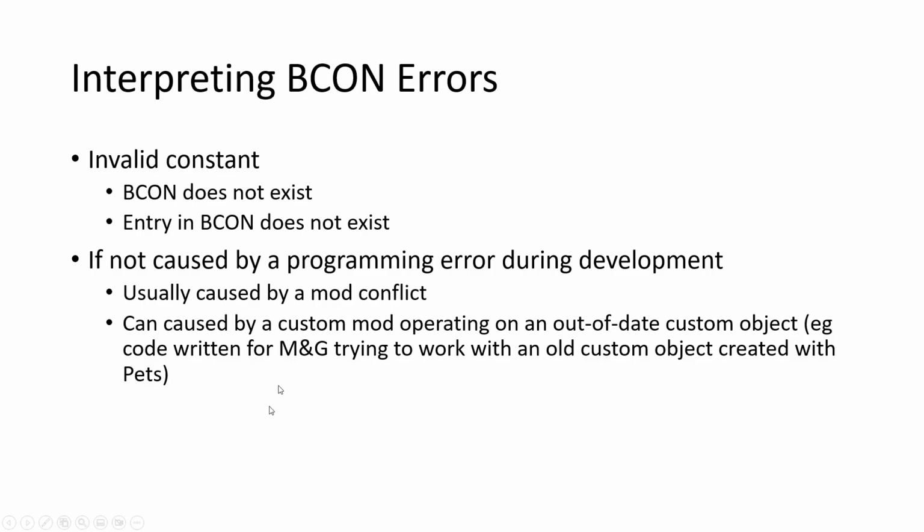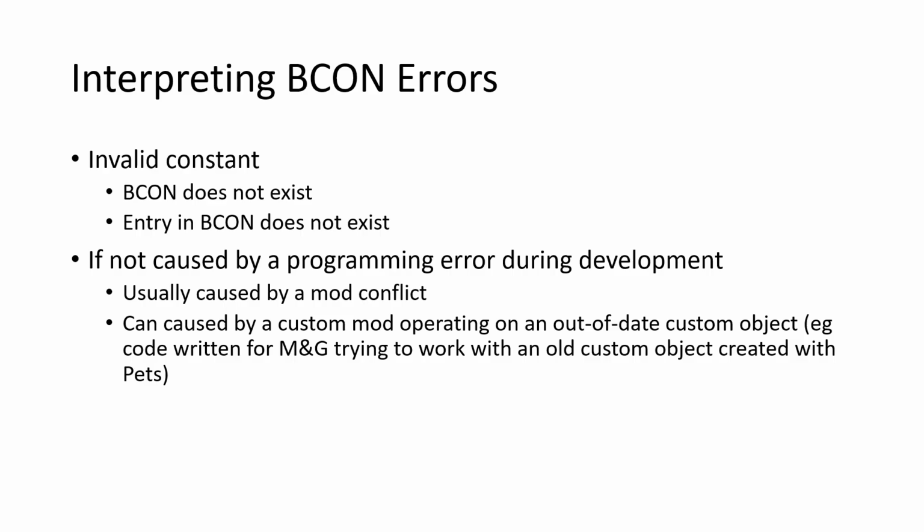The other way it can happen is because Maxis changed the contents of standard object beacons as the game progressed. If you're writing code for Mansions and Gardens and you're trying to get it to work with code created pre-Pets, a lot of extra entries were added in when Pets came out because they needed to deal with pets getting bored or pets doing autonomous actions, and a lot of standard Maxis beacons got extra code.